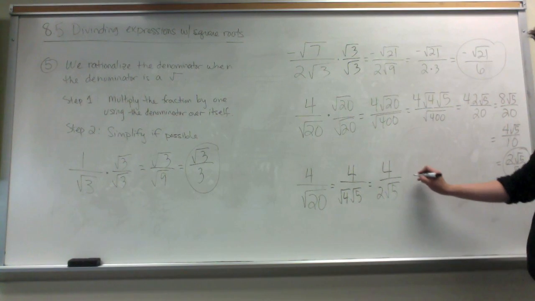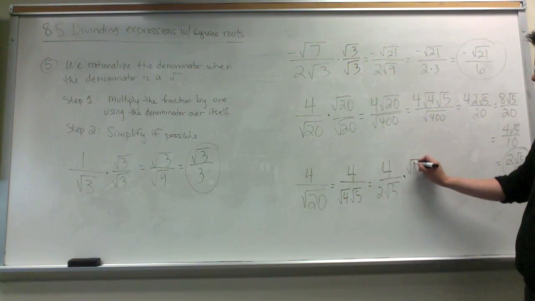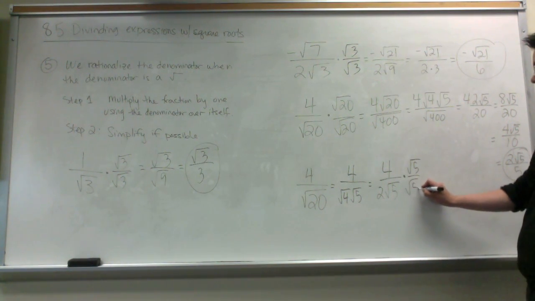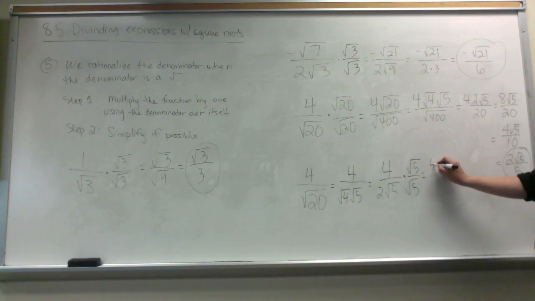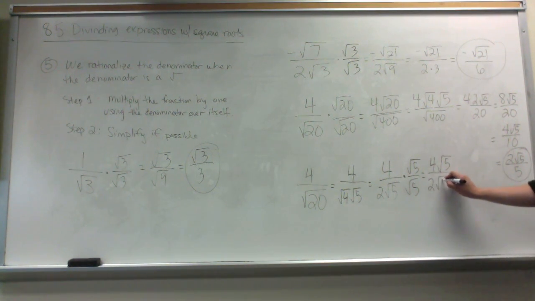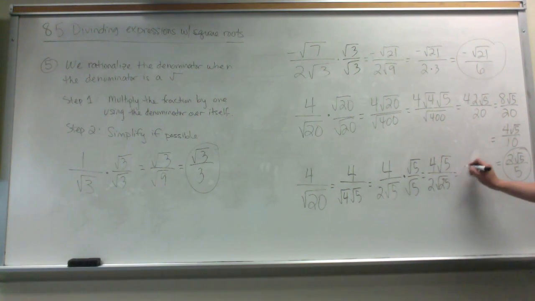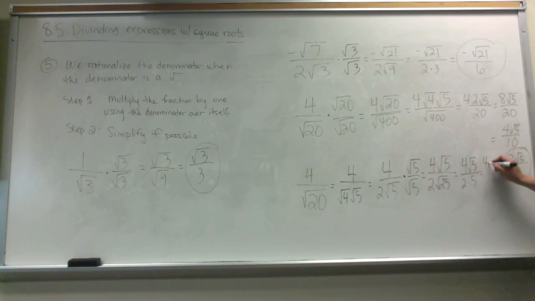And then I can rationalize the denominator this way using root 5 over root 5. And this will be 4 root 5 in the numerator, 2 root 25 in the denominator. So I have 4 root 5 over 2 times 5, which is 4 root 5 over 10, which reduces to 2 root 5 over 5.